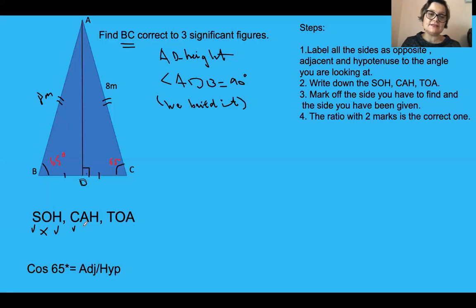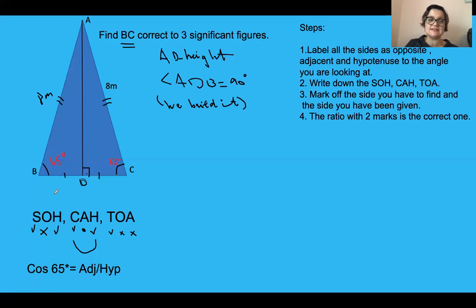A is the adjacent, so BD, this is the one that we need to find. I'm going to put a little dot here. And H, we know the hypotenuse. Then TOA, tangent 65, we can find that. O is the opposite, so AD, we don't know the opposite, and we don't need the adjacent either. So which one is the right one? It is the CAH. So we have to use the cosine ratio.